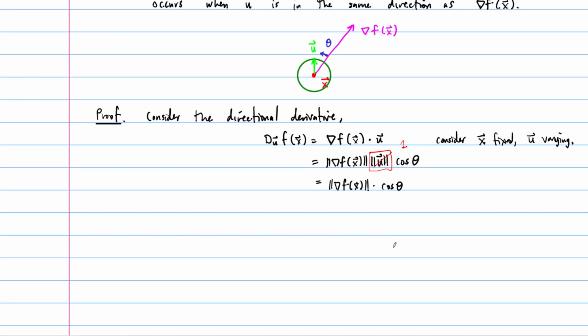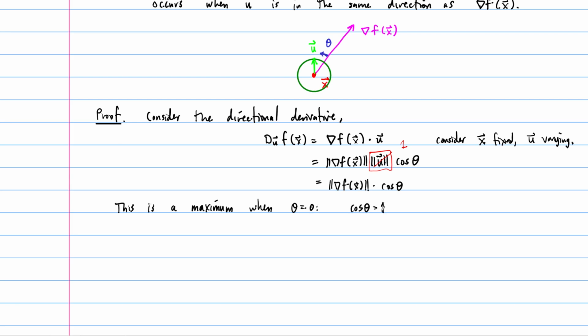All right? This is, of course, going to be maximized when theta is equal to 0. So two things happen.